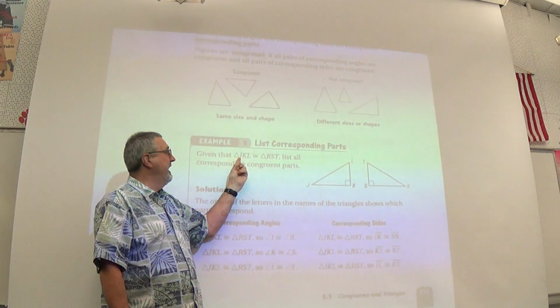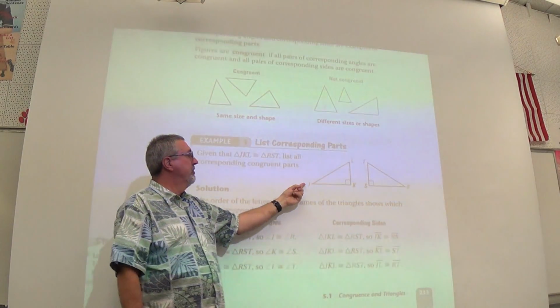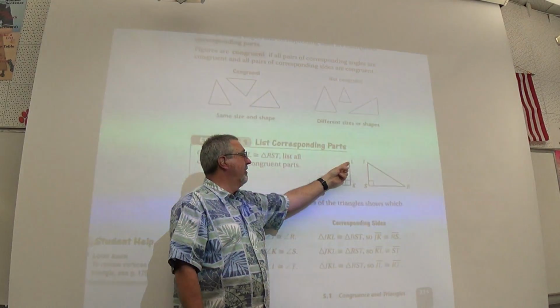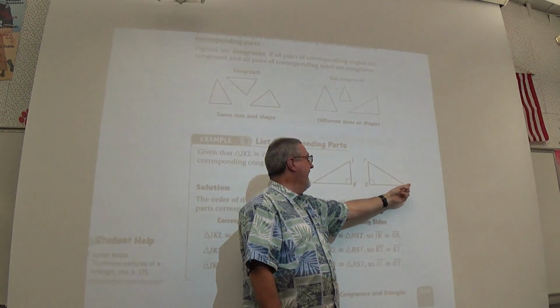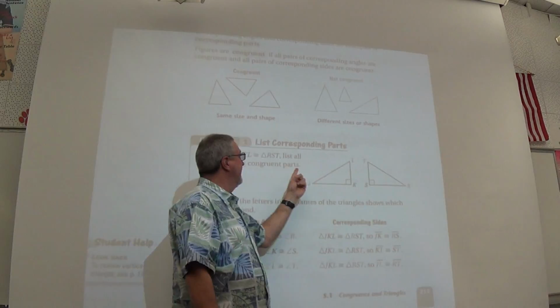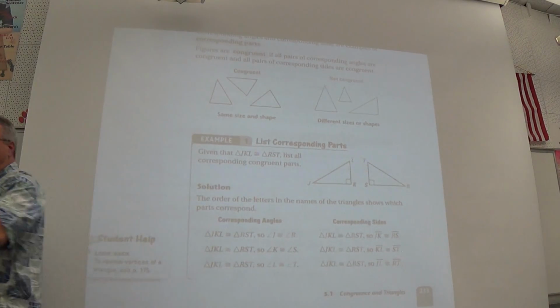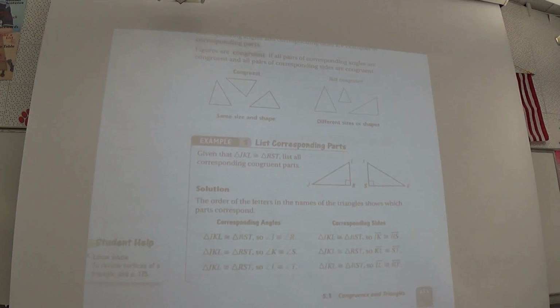This starts at J, goes to K, goes to L. So if I list this one as JKL, I have to list this one as RST. It has to be in the same order on each.